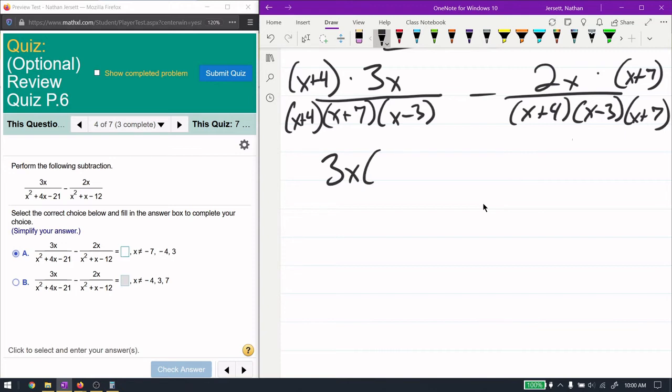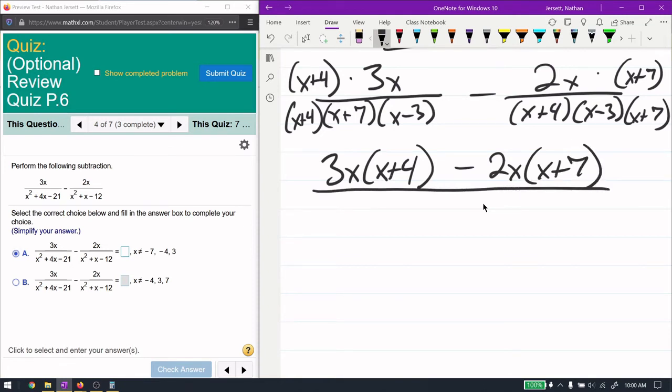Okay, 3x times x plus 4, minus 2x times x plus 7. I can combine them into one fraction because they have the same denominators. Now I can simplify the numerator down.